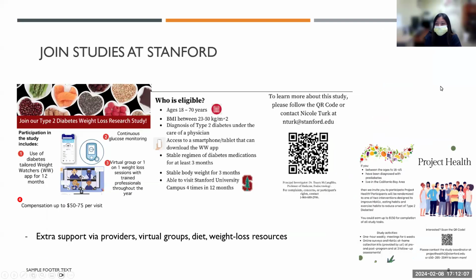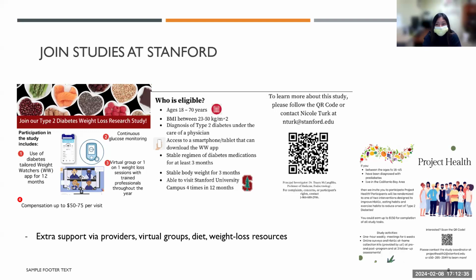Okay, so in this slide, I just wanted to show one study that's available at Stanford for people with type 2 diabetes who might want that extra support that I was talking about. This study may offer a continuous glucose monitor, which I'll talk about later, which is a way to closely monitor your blood glucose levels throughout the day instead of pricking your finger every day.